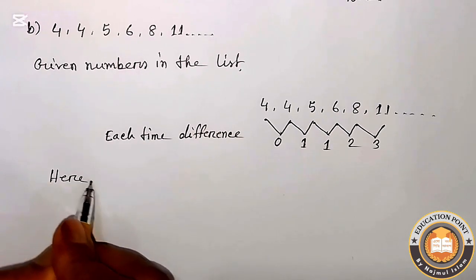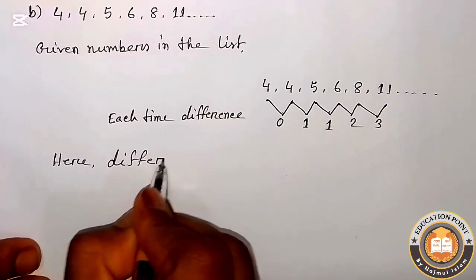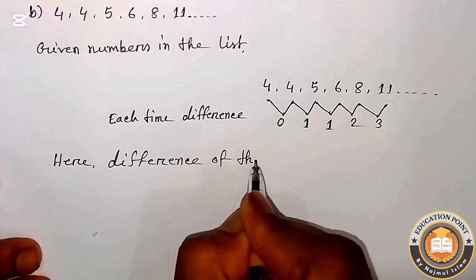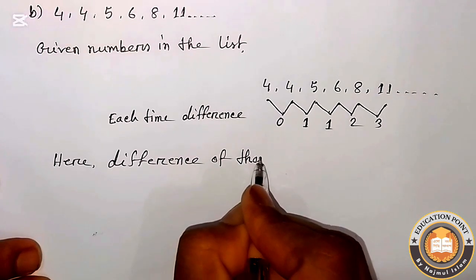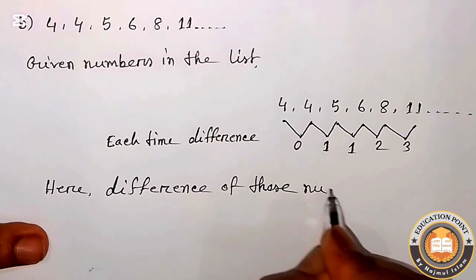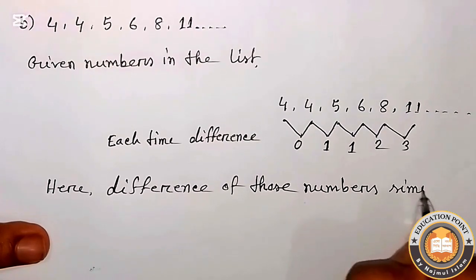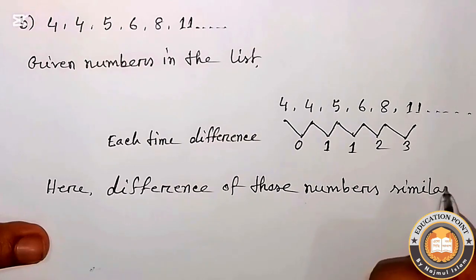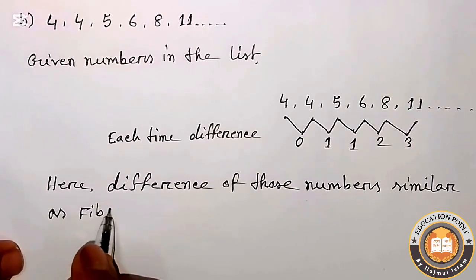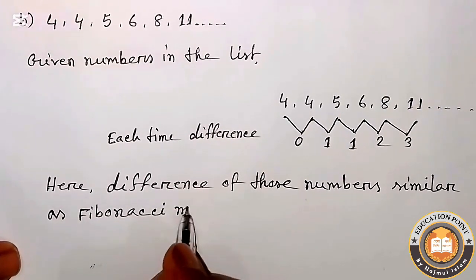Here the differences of those numbers are similar to the Fibonacci numbers.